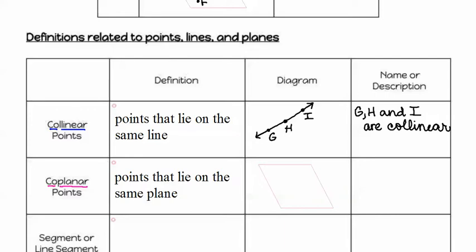And we're going to put some points on here. Let's do 4 points on this one. Name them J, K, L, and M. So my statement in this case: J, K, L, and M are coplanar.